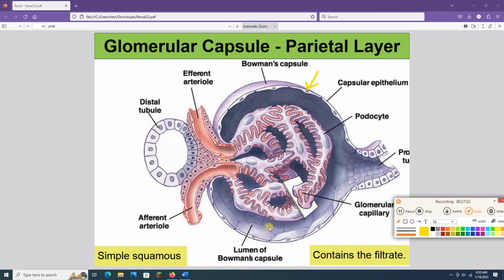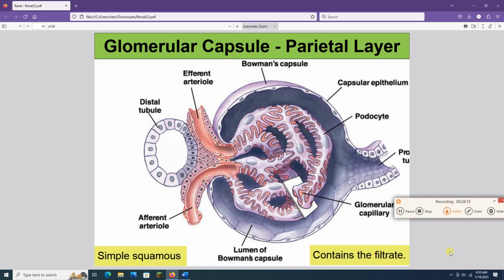So the filtrate ends up in this lumen of my glomerular capsule, and the filtrate then has nowhere to flow but onward into my proximal convoluted tubule, which got cut off right there. So my parietal glomerular capsule doesn't do any filtration, but it plays a role in helping contain and move the filtrate.